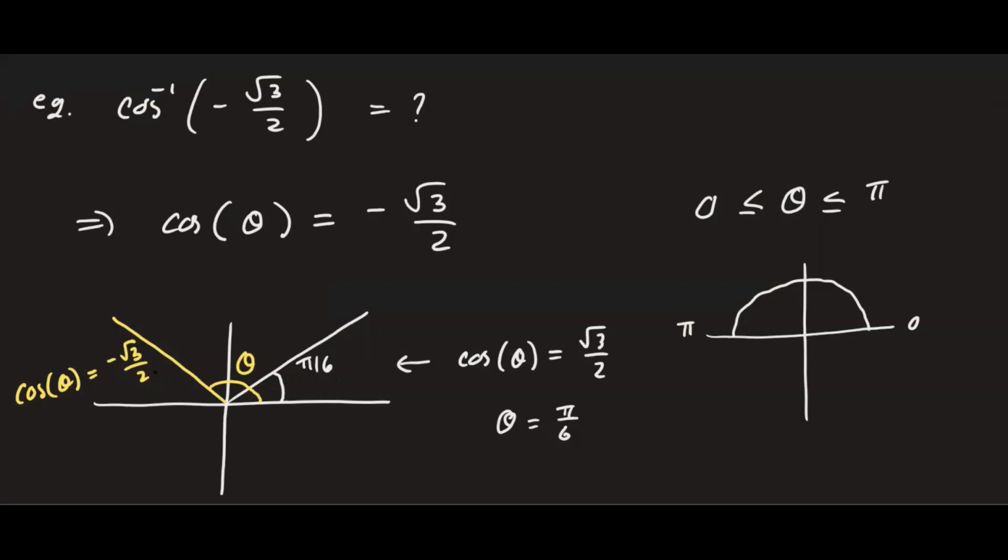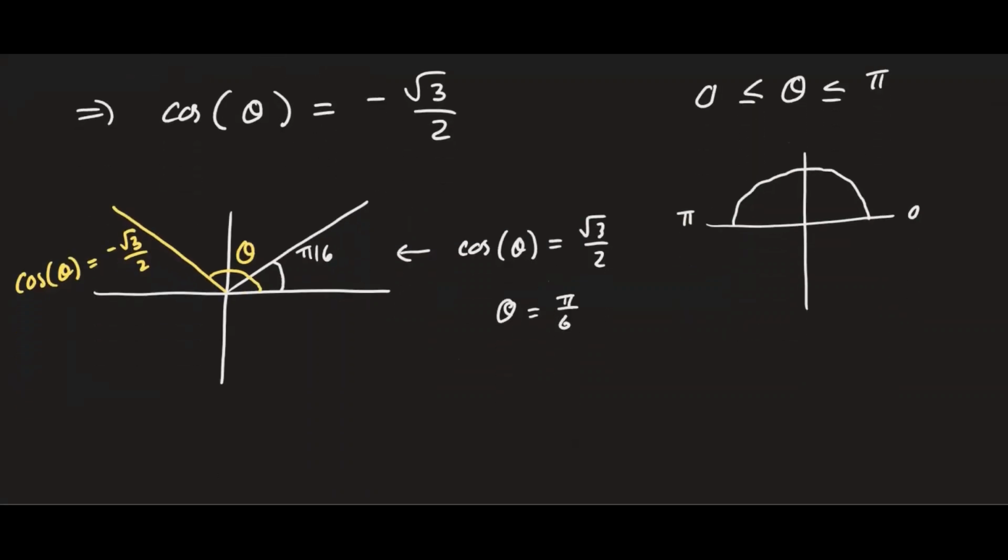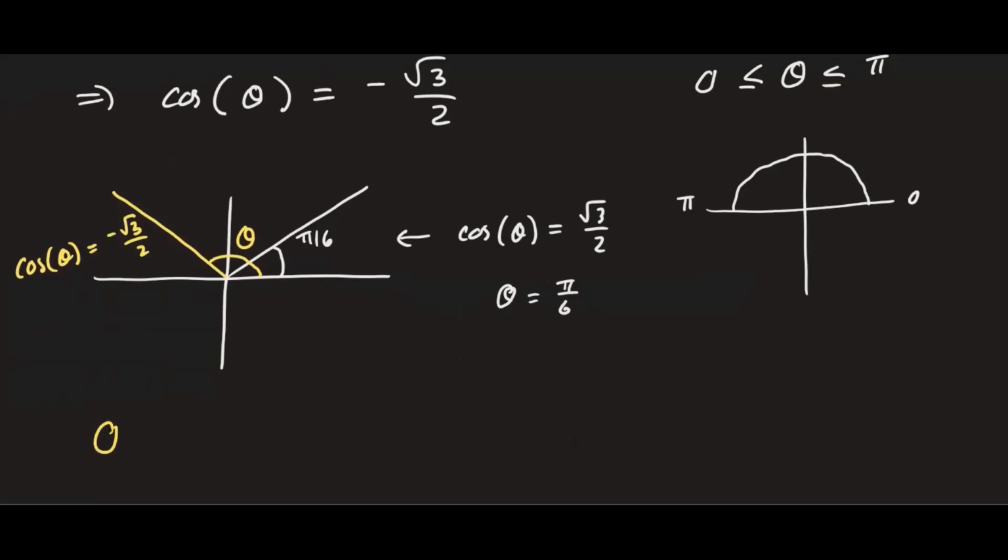We know that the angle in the first quadrant is pi over 6. To find the angle in the second quadrant, we do pi minus pi over 6. So for quadrant 2, our angle is pi minus the angle we know, which is pi over 6, and by common denominators this gives us 5 pi over 6. There you go, that's the angle in the second quadrant which gives us cosine of negative square root of 3 over 2.